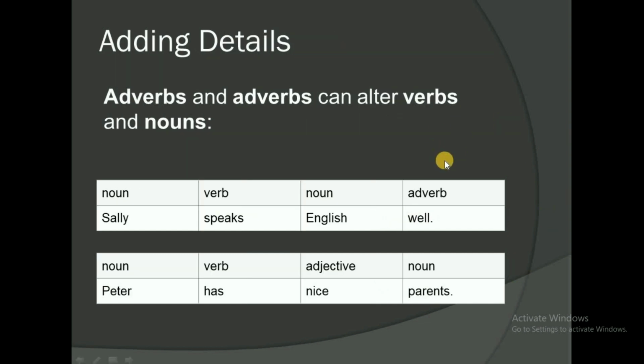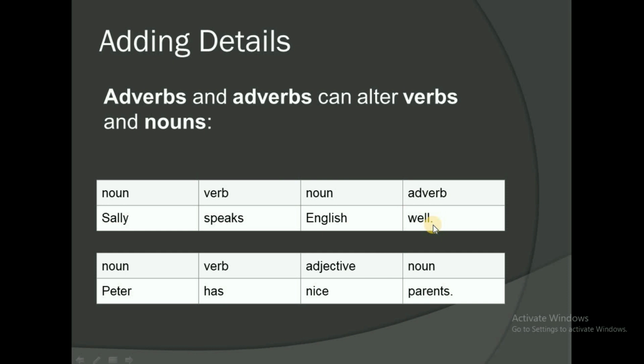Adverbs and adjectives, this should say adjectives here, my mistake, can alter verbs and nouns, as we saw. So we can start making more interesting sentences. Sally speaks English well. So in this case, you can see the adverb refers to the verb speak. How did she speak?